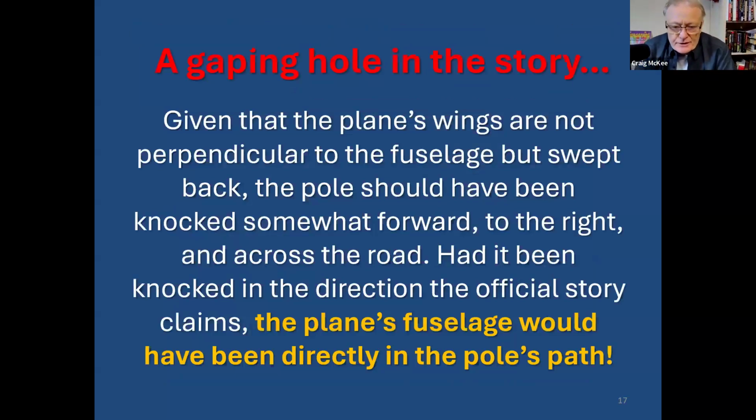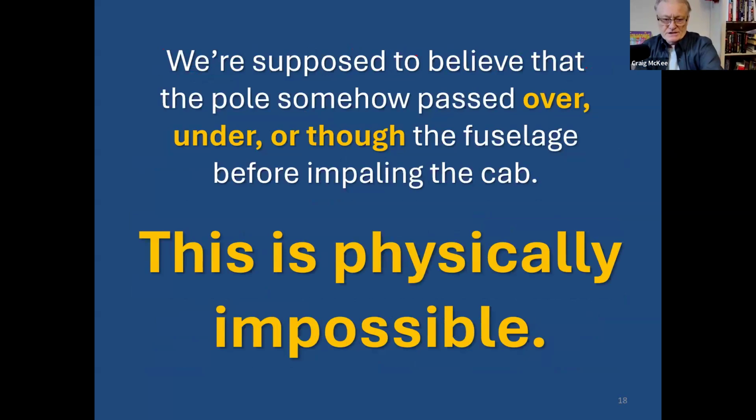Okay, now the problem with the story is that the pole he describes, and I'll give more information about which pole it was, would have been hit by the right wing of the plane. And somehow we're supposed to believe that it would be knocked by the right wing and go to the left of the plane and then land in Lloyd's cab, which I think is physically impossible.